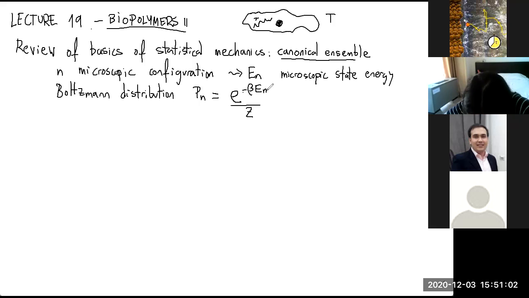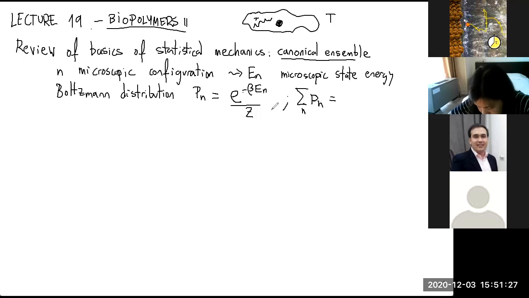So this is the energy of the configuration n, and this is the partition function, which is the normalization factor, because this should be normalized in a way that I'm writing it like this. It means the sum over all configurations. The configurations could be continuous. So in the case of the polymers, this n will be the sum over all possibilities of the angles. This should be normalized.